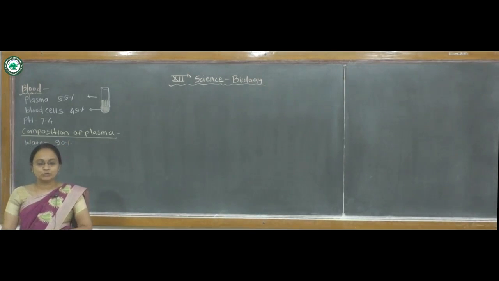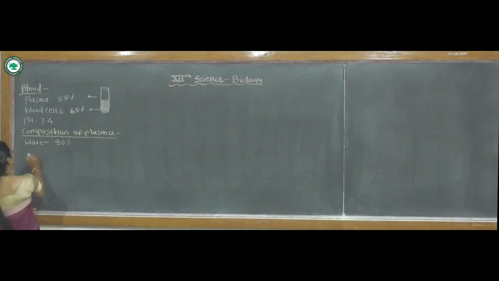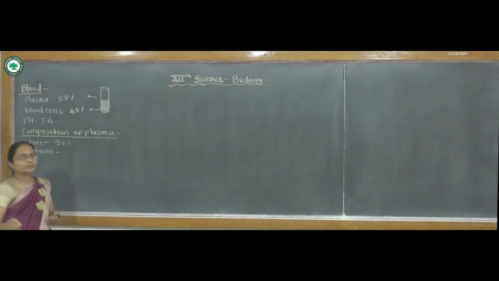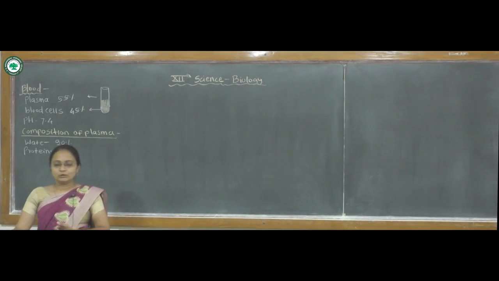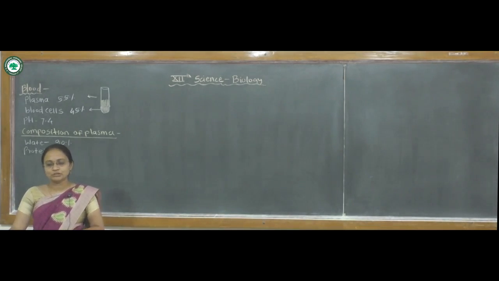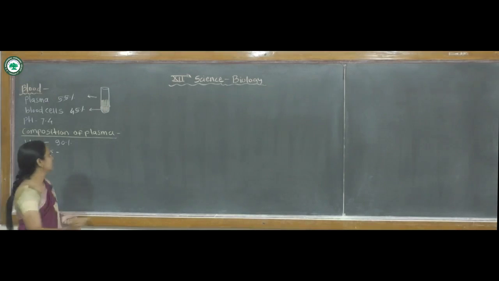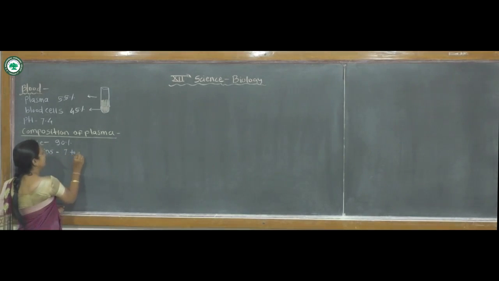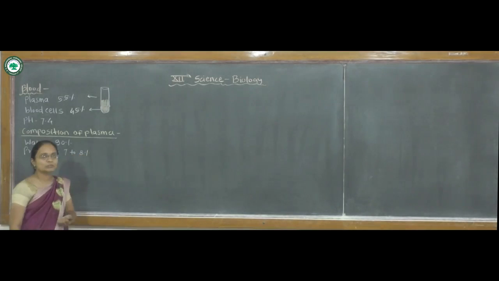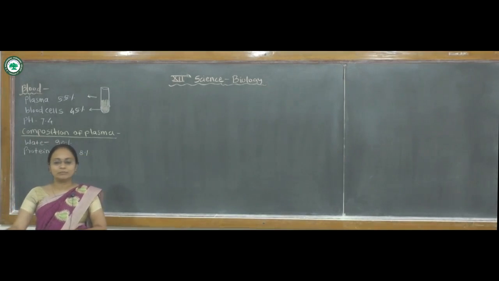Secondly, it shows the presence of protein molecules: albumin, globulin, properdin, prothrombin and fibrinogen, near about 7 to 8% of the plasma.